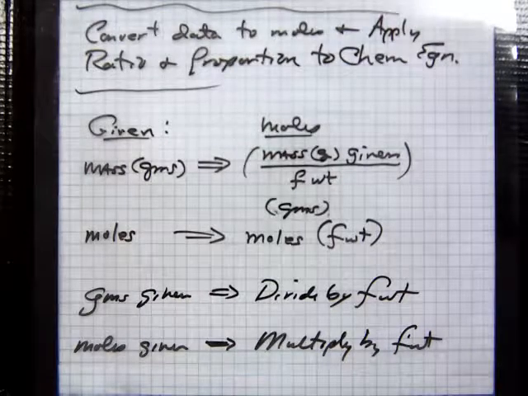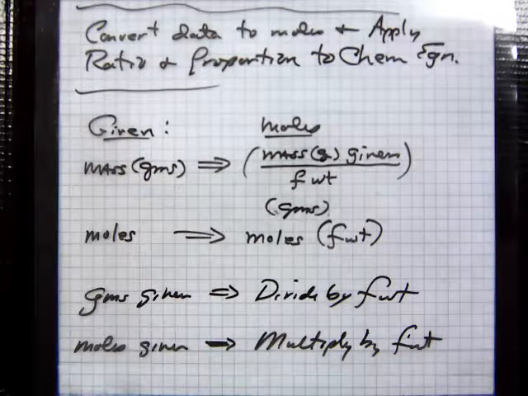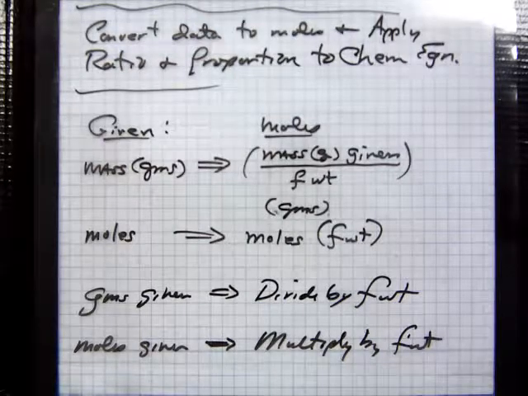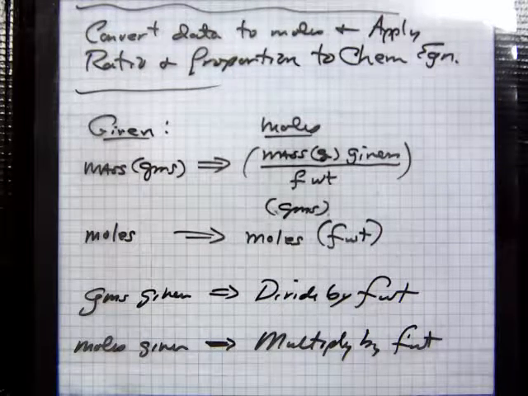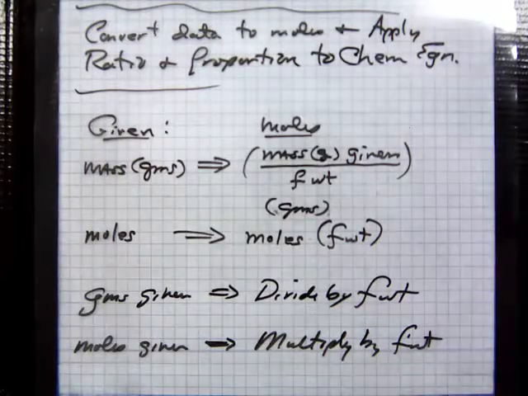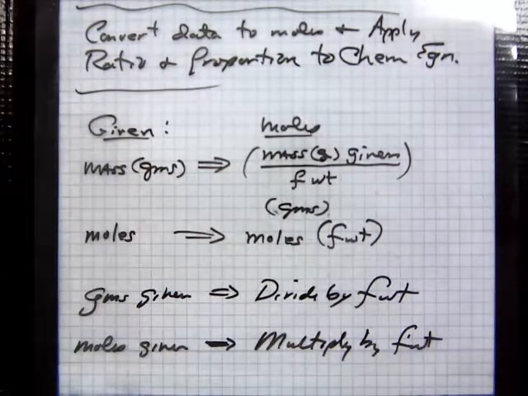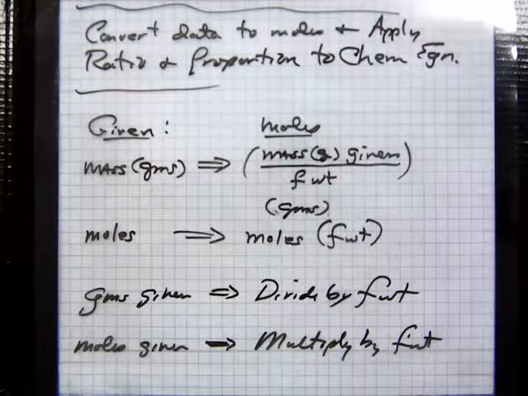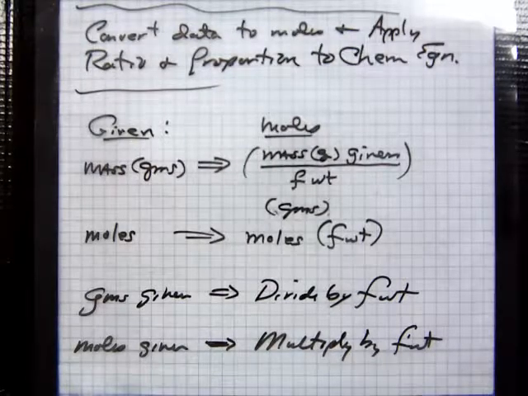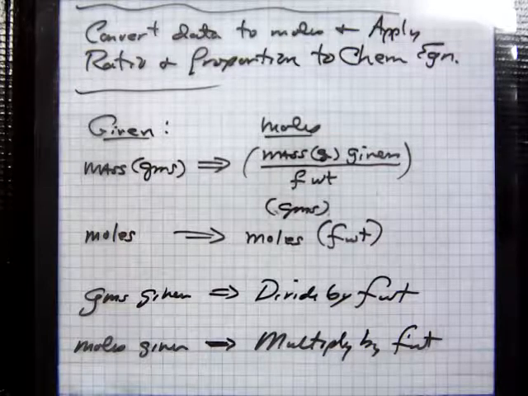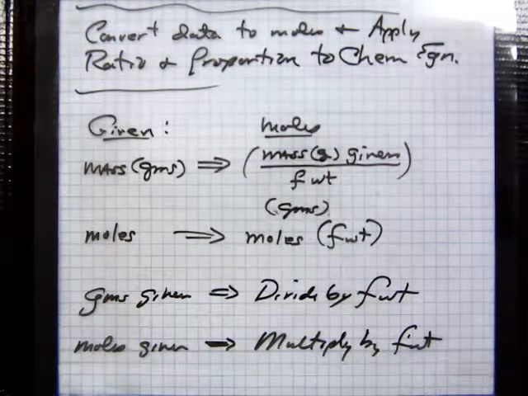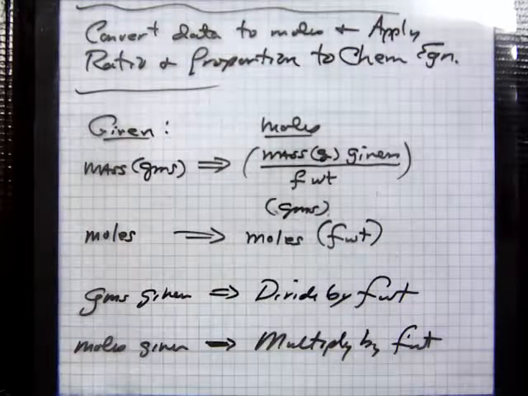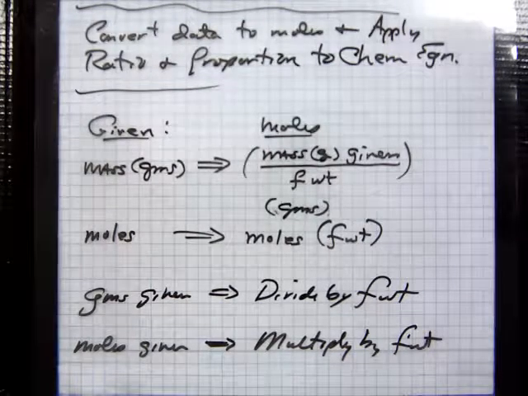How many formula weights are there in a given mass? That tells you, basically, it's a ratio thing. So if I've got a certain number for my formula weight, how many of those numbers go into whatever's given is how you calculate moles. Well, calculating mass is just a product. One's a ratio, divide by formula weight. The other one is whatever you're given, multiply by formula weight. So please work that. Once you get that, everything else falls in place.